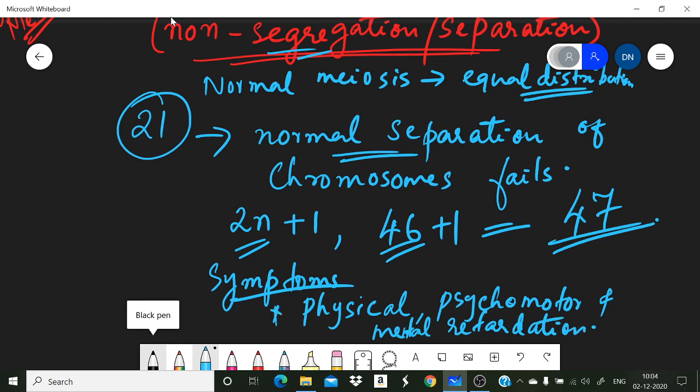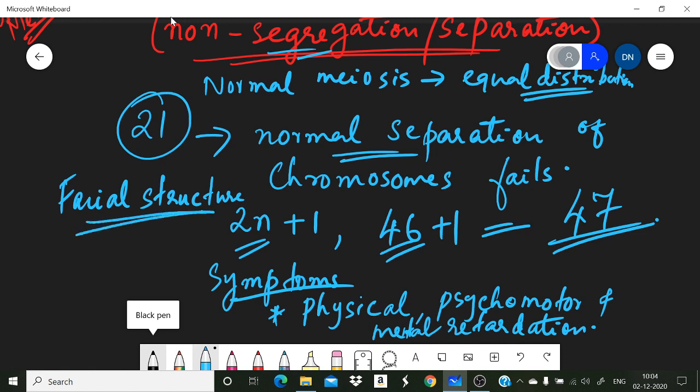The first and foremost symptom is a very severe physical imbalance, or psychomotor imbalance, as well as mental retardation. All these conditions are very severe, and a number of abnormalities also occur in the facial structure of such individuals.